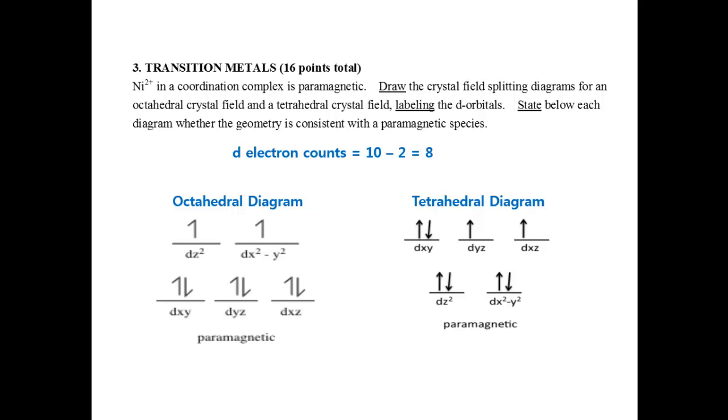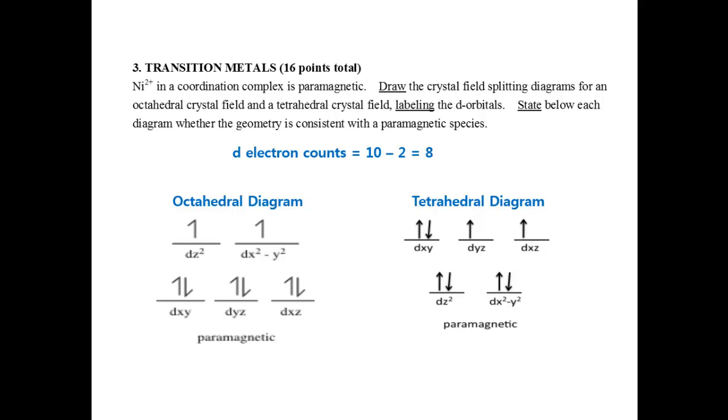This is the same regardless of whether the ligand is strong field or weak field. For the tetrahedral diagram, you know that the EG level is lower in energy, so you have a crystal field splitting diagram as shown here. For both cases, you can explain the presence of paramagnetic species.